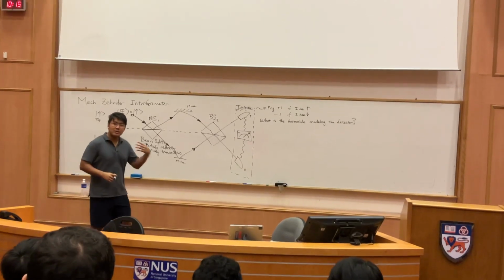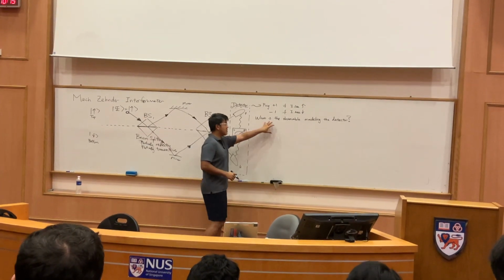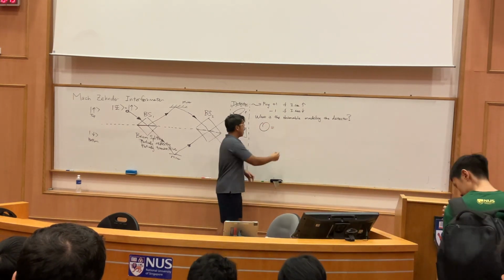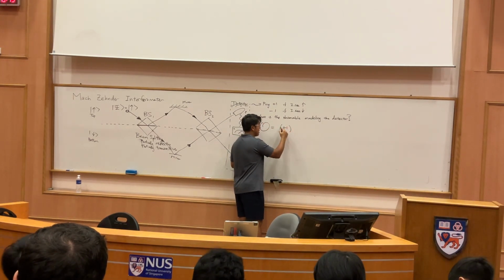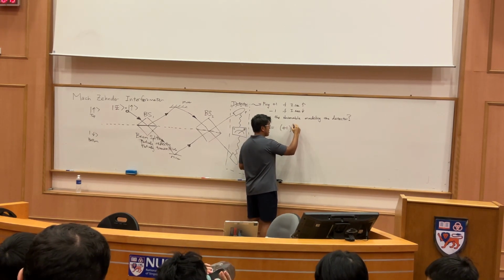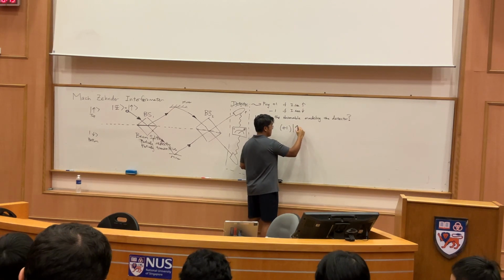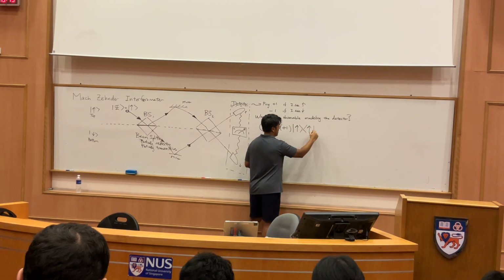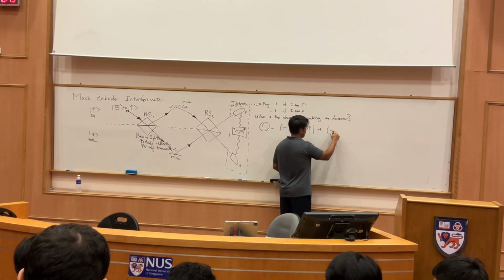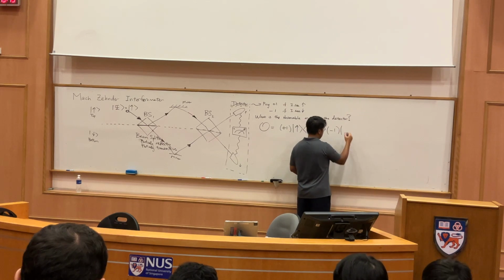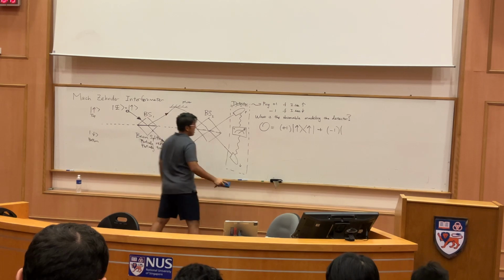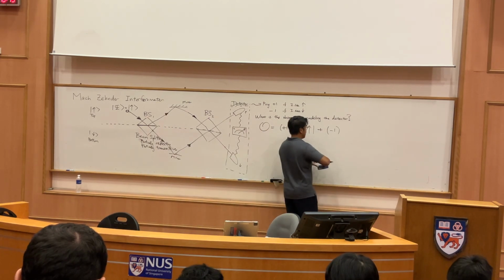So we're going to design an observable with a spectral decomposition where it pings +1 onto the subspace spanned by the projector up, and it pings -1 if it sees the subspace down.